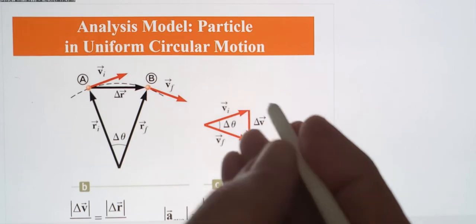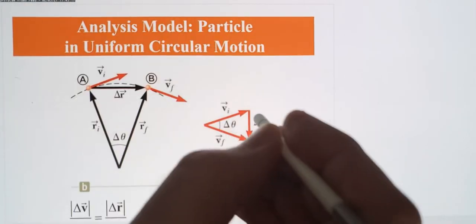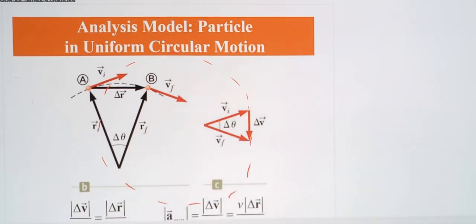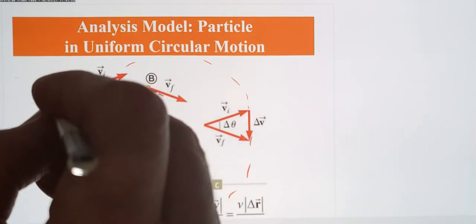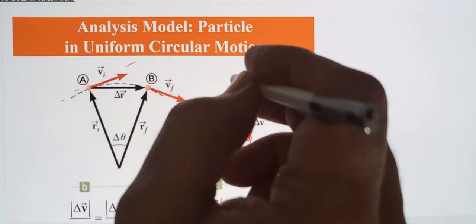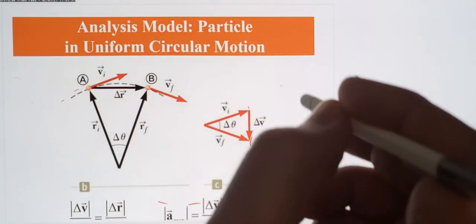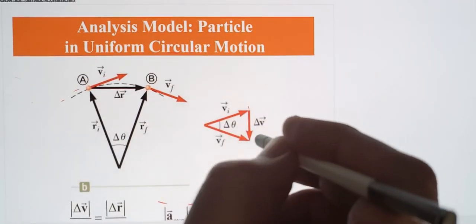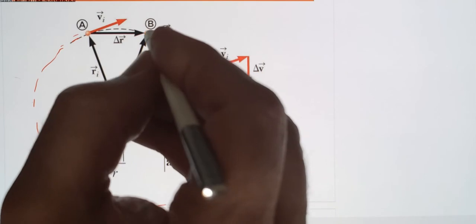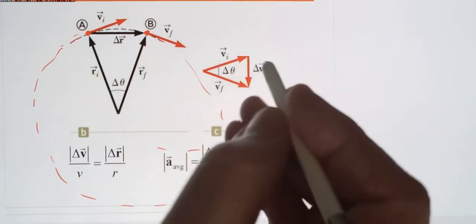And if you draw a circle, you see that this is V1 and this is V2. And where's the acceleration?